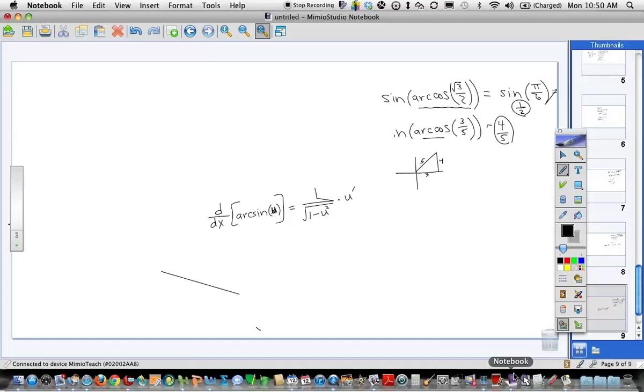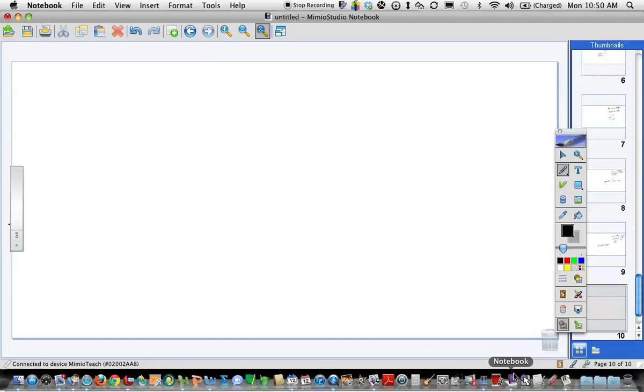All right. Now, where does that come from? Well, it comes from this right here. Let's let f of x equal sine x, and let's let g of x equal arc sine x.